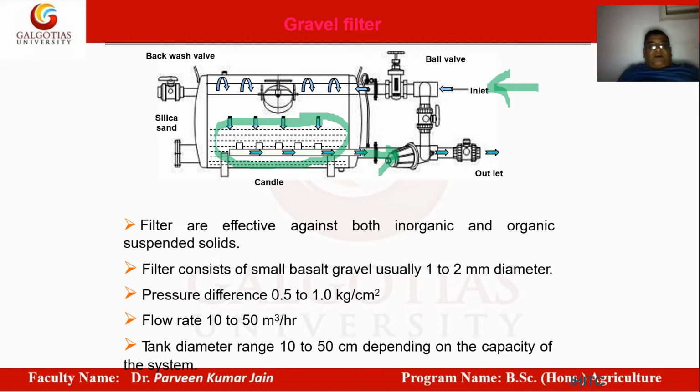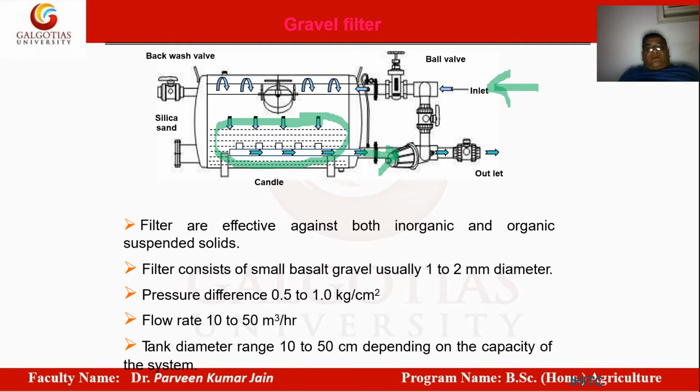These filters are a little costly, and normally they are used wherever we take water from a shallow area, or from ponds where sunlight falls on the water, or stagnated water. These kinds of water have organic matter impurities as well as algae impurities. So in those cases, these kinds of filters are recommended.